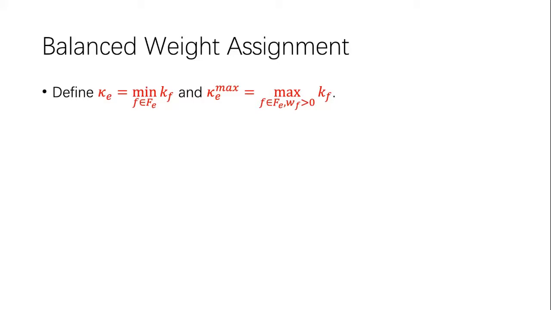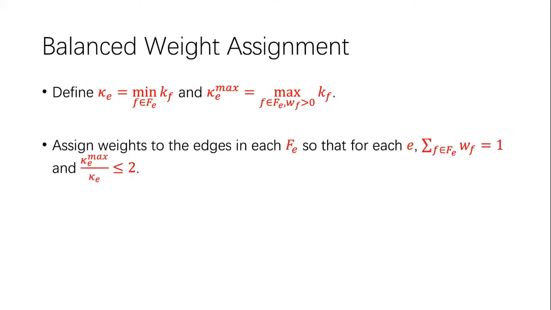Let's formalize the idea. So we define kappa e to be the minimum strength in the clique Fe, and kappa e max to be the maximum strength of positive weight edges in the clique Fe. And then we call a weight assignment scheme a balanced weight assignment if in each Fe, the sum of the weights w_f is 1, and the ratio of kappa e max over kappa e is at most 2.